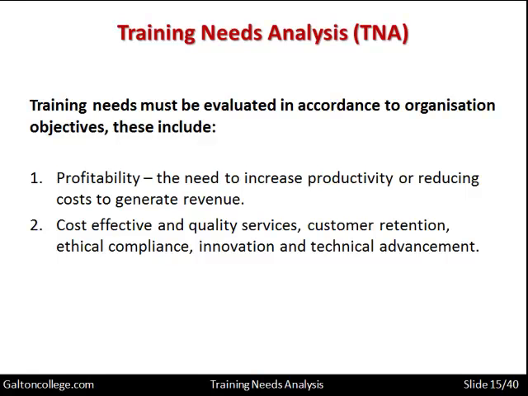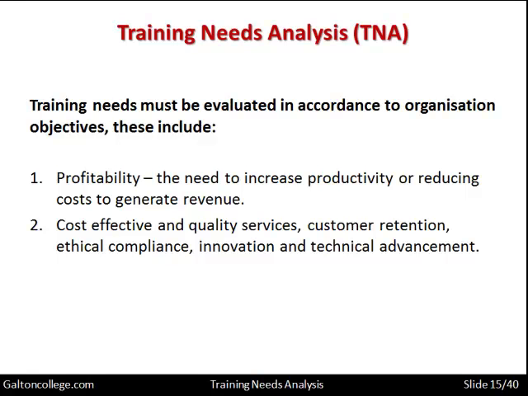It could be that the workers need to be trained in ethical compliance. Means don't waste resources, don't waste energy, don't abuse the planet, don't just simply commit resources without thinking. It could be related to innovation, encouraging the operators to have the confidence to come forward with ideas.